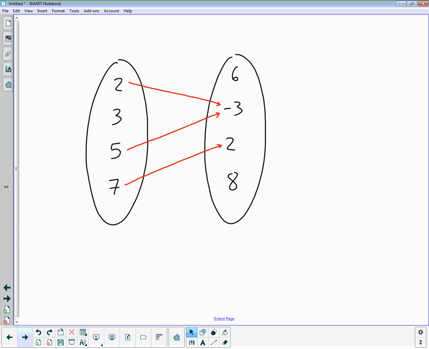If I plug in 2, it gives me -3. If I plug in 5, it gives me -3. If I plug in 7, it gives me 2. Is this a function? It is a function. None of my inputs gave me two different outputs.